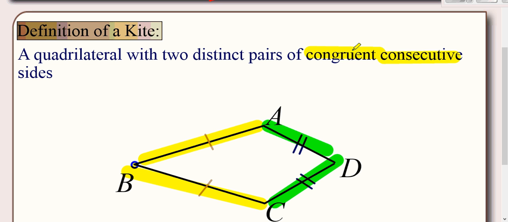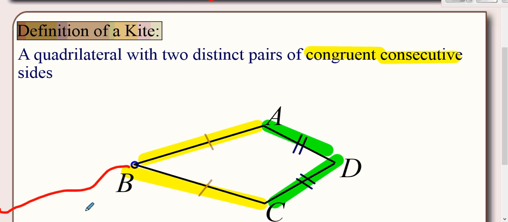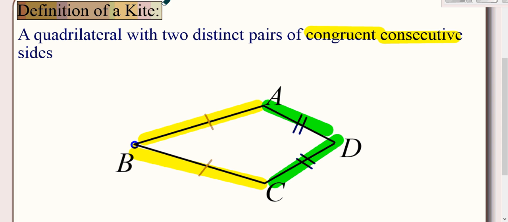And it does look like a kite, like what you would play with on a windy day. I draw the tail string. So you've got to have the sides next to each other congruent. Really what that does, and we'll be using this very soon, I like to think of it, if you split it down the middle and draw in the diagonal AC, you get two triangles.